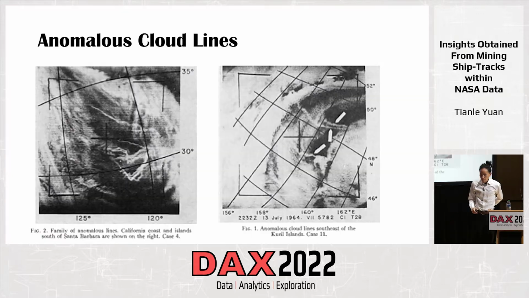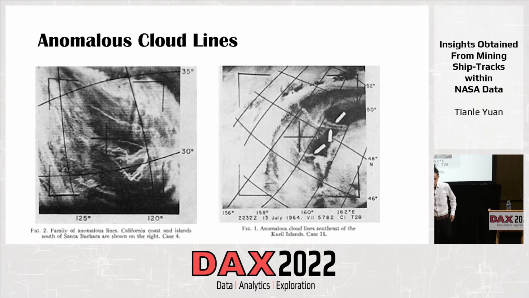They were first discovered 60 years ago when the first satellites were sent to space, and they were called anomalous cloud lines. It caused some stir, because what produced these lines was not clear. When they found out these are produced by ships, they attracted attention first from the military.